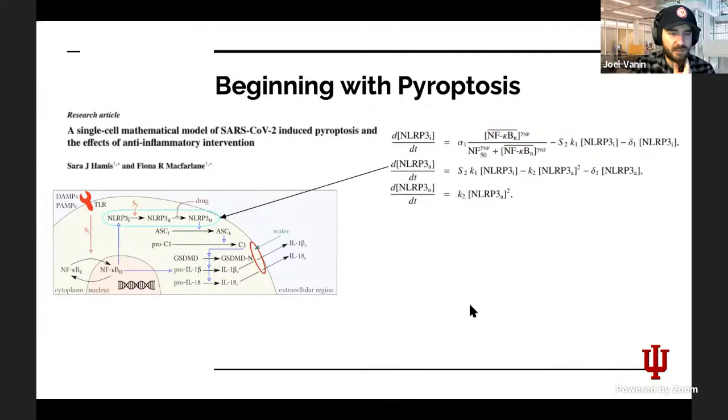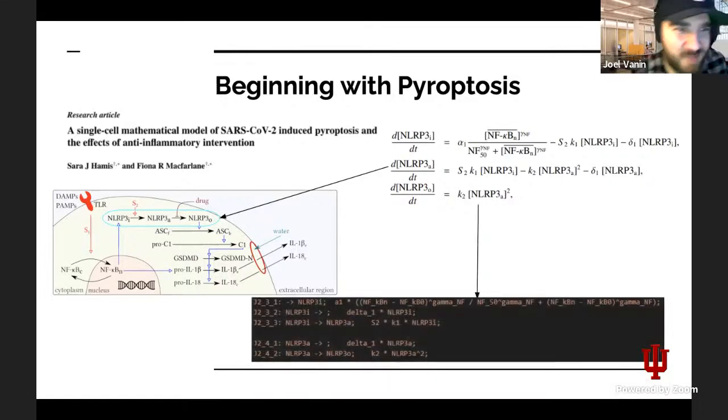Yeah, so we started by using pyroptosis, this paper, a single cell mathematical model for COVID-induced pyroptosis. And the model was very well noted. On this image, you can see the basis of the model.